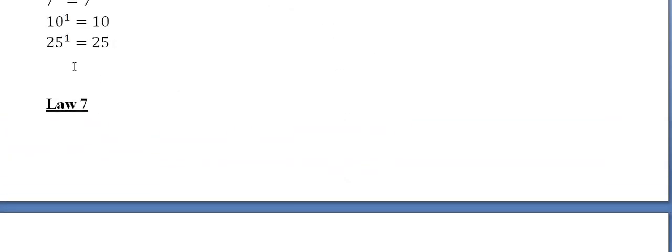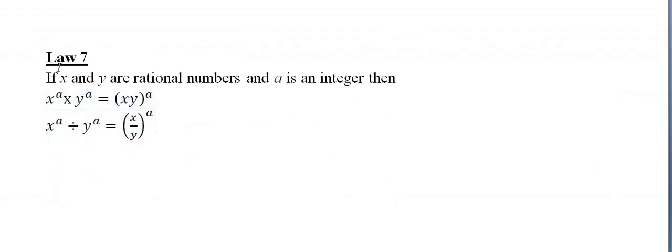Now let me show you law number 7. If x and y are rational numbers and a is an integer, then let me give you a very simple example with a number. Just understand this situation.